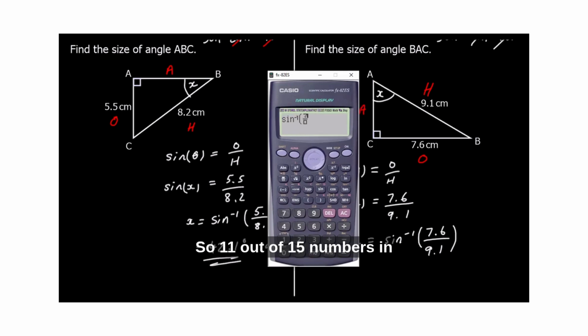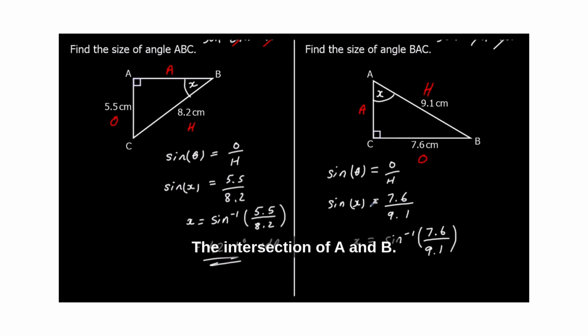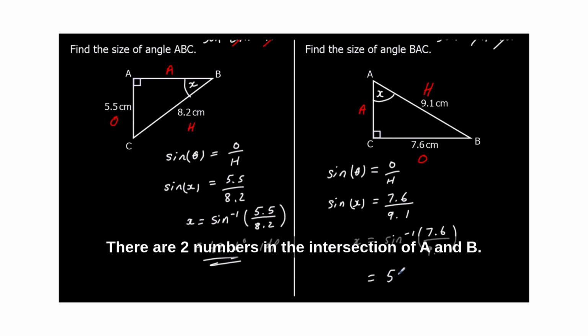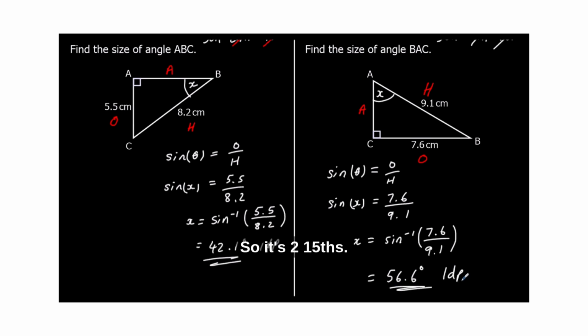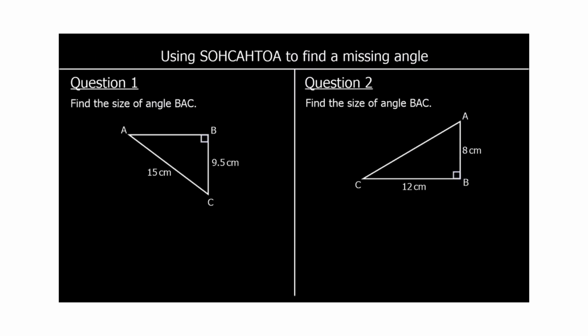So let's type that in. And we get our answer of 56.6 degrees to 1 decimal place. To finish up, we've got 2 questions here. Pause the video, give them a go, and press play when you're ready for the answers.